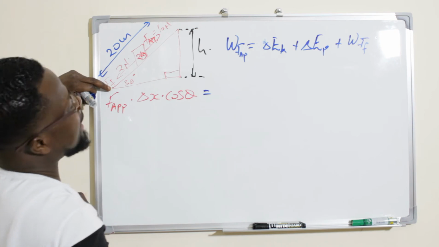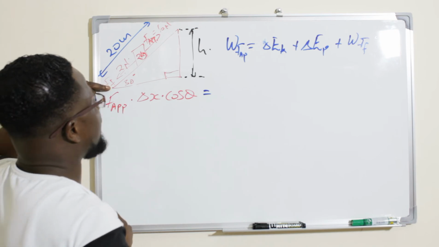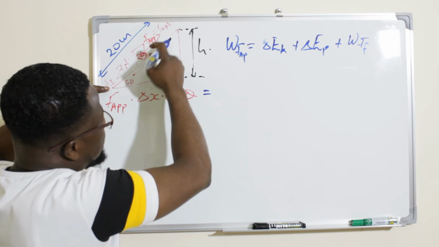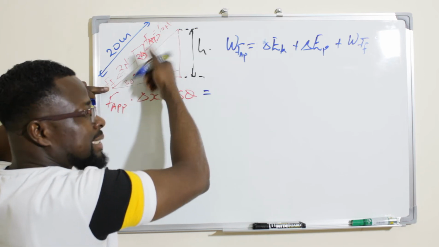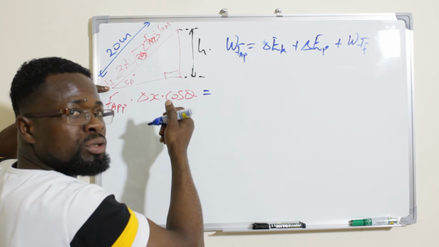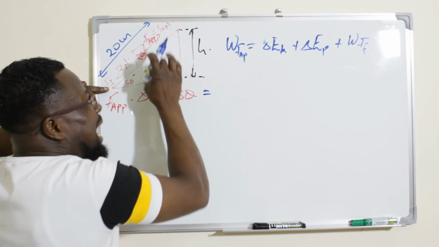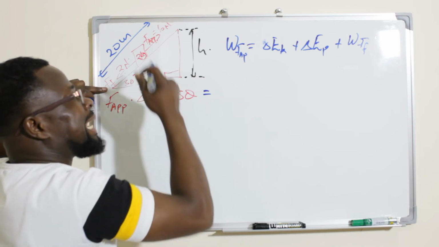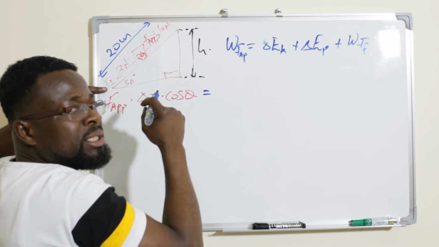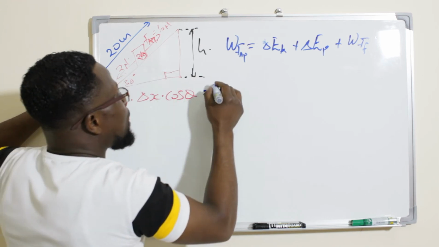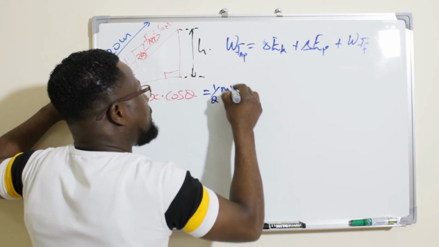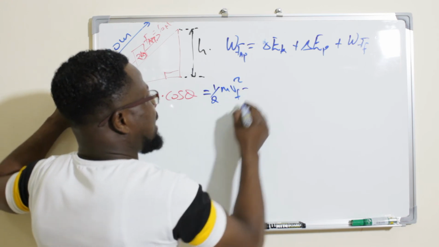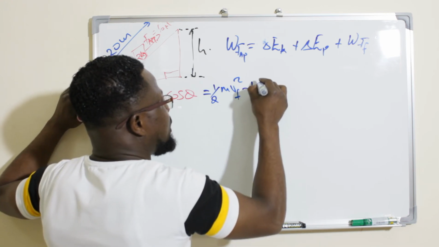The final kinetic energy is going to be at the bottom here, while the initial kinetic energy is the point where the object is before it started its motion. Because at that point the object was not moving, the kinetic energy at that point is going to be 0. So I am going to have half m vf squared, which is the final kinetic energy, minus the initial kinetic energy.